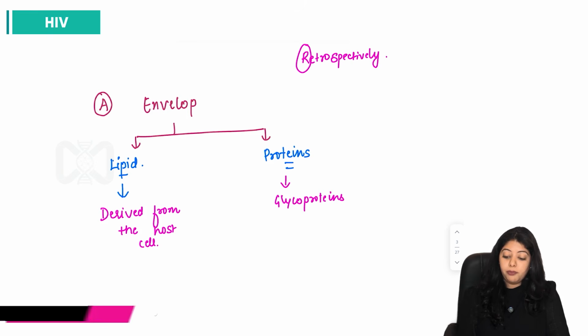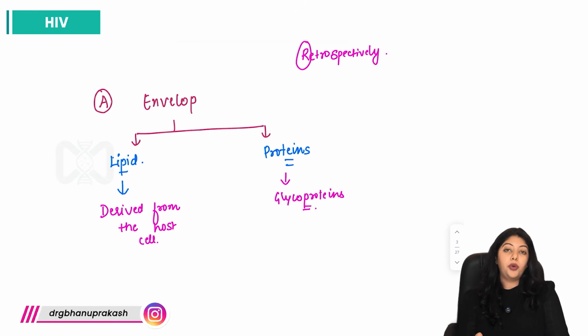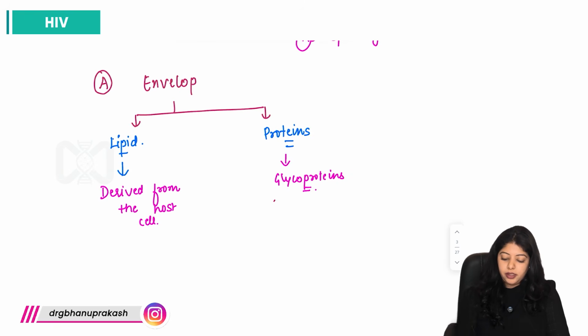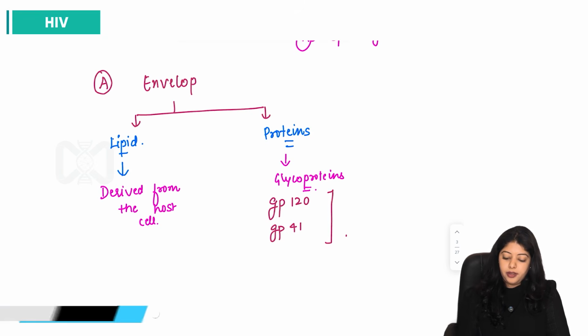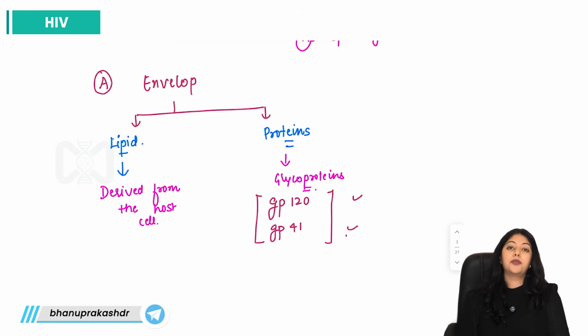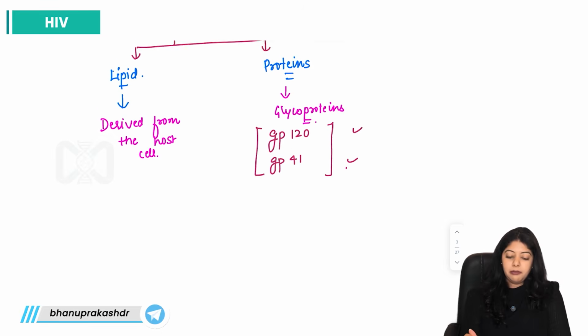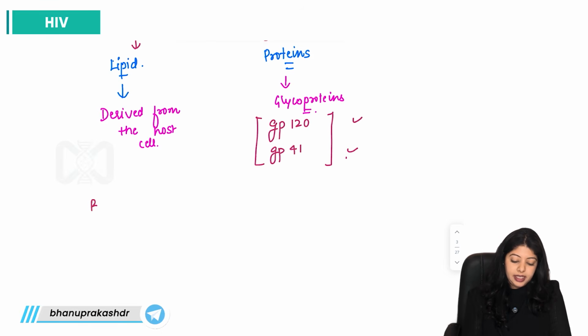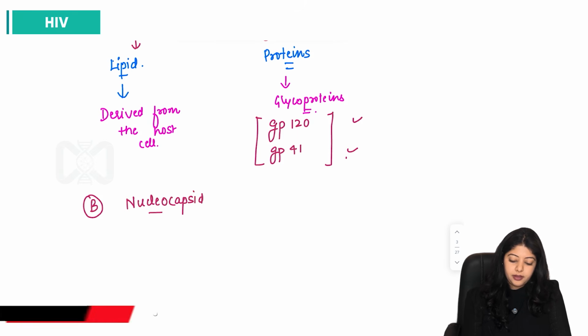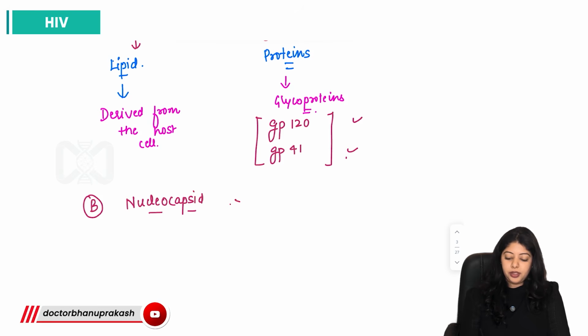And what are the two main glycoproteins that the envelope is embedded with? These are glycoprotein 120 and glycoprotein 41. Very important structural proteins. And the second part is the capsid or the nucleocapsid. Now this nucleocapsid encloses the core proteins.